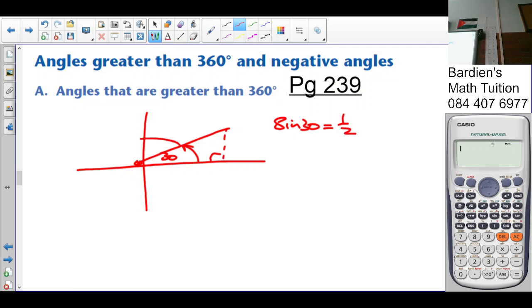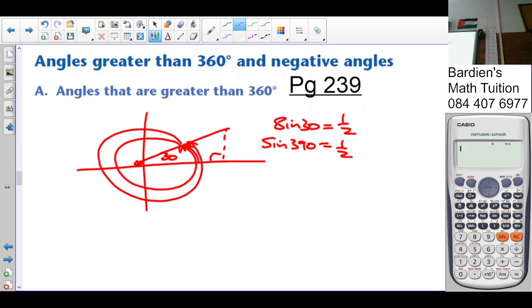So let's add 360 onto that again. What is 30 degrees plus 360? 390. Put that into your calculator. Let's put another 360. 360 plus 390 is 750.